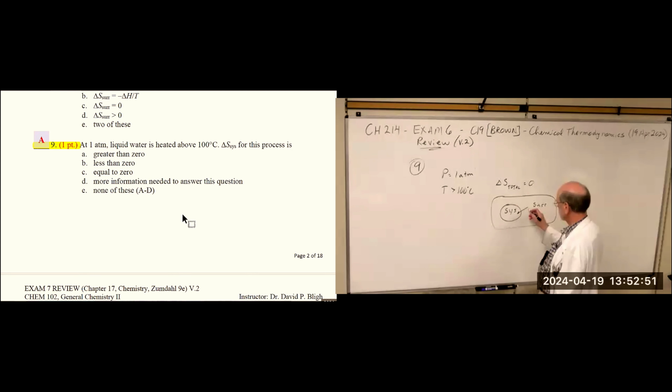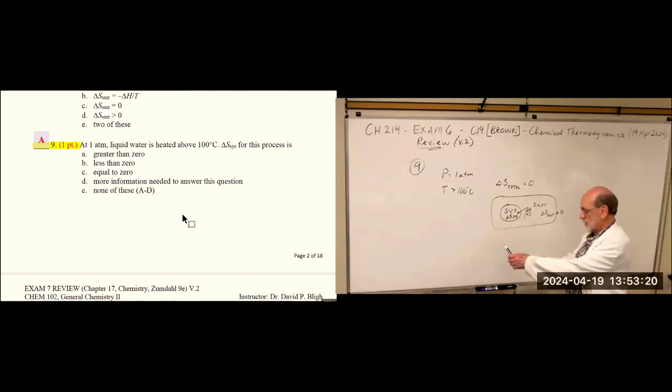So we've got delta H going in, which is positive, and delta S for the surroundings now is decreasing. So let's see. Delta H for the system then is increasing. It's greater than zero. This is less than zero. This would be greater than zero. Because now it's not an equilibrium process.